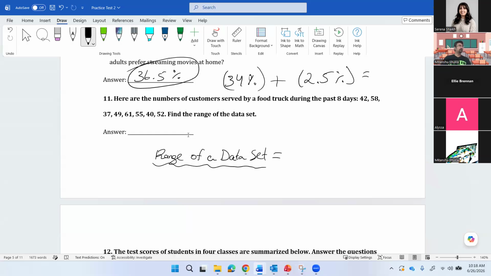Subtract the highest by the lowest. Very good. I agree. That is correct. We want the biggest number minus the smallest every time, right?